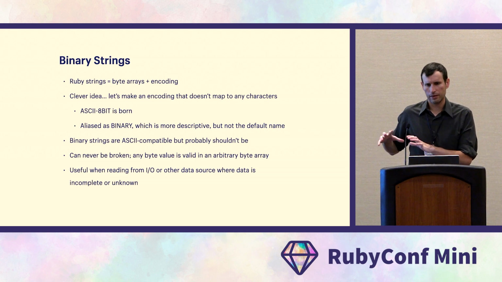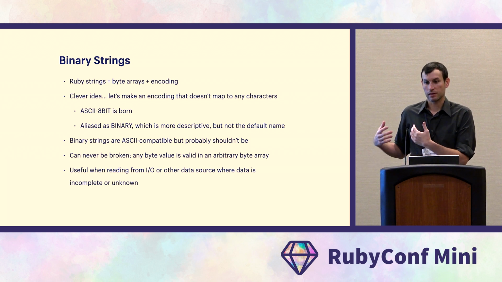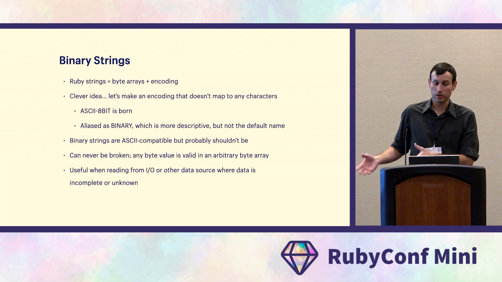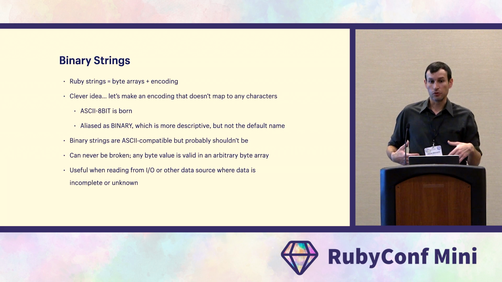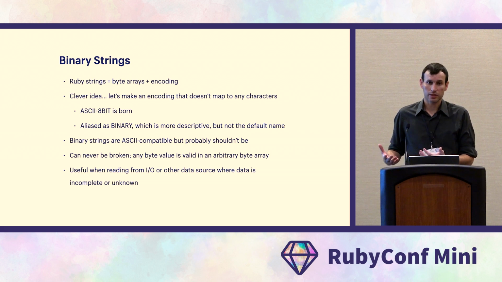Unfortunately, this encoding does report whether it's ASCII compatible, and this creates another common situation where I see errors. You can work with strings that are actually binary, but if they only consist of ASCII data, you can treat them like other strings and things basically work, and then the first time you get a multi-byte character, it stops working and no one knows why.